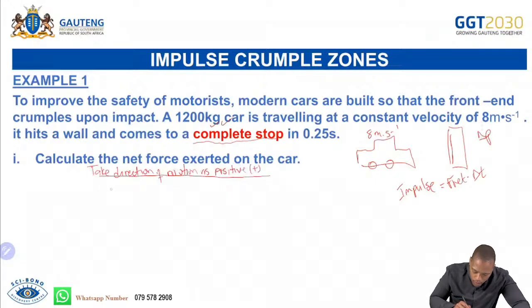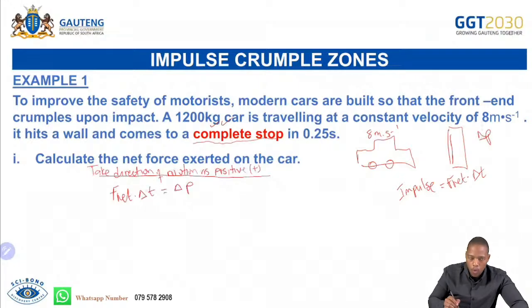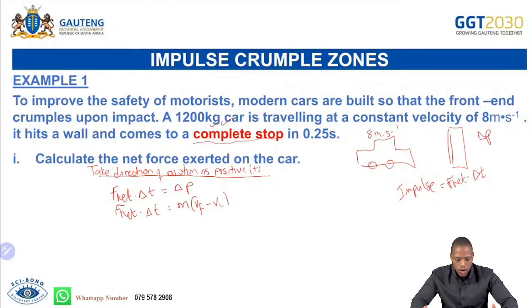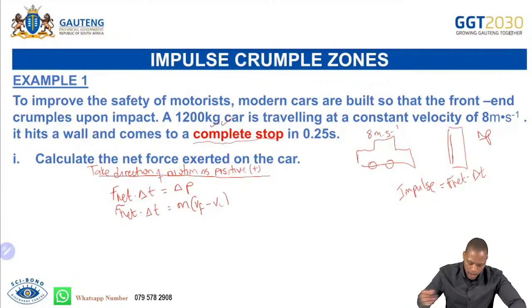Then I'll write my formula. F net delta T is equal to delta P, which can be expanded as F net delta T is equal to m(Vf minus Vi). Once you have done this, you have won the battle. It's very, very simple. You will now start substituting.